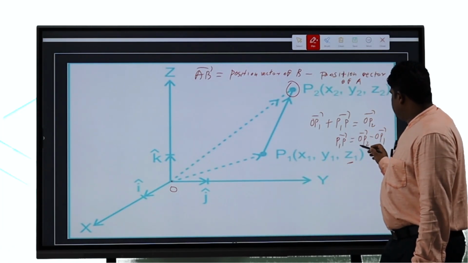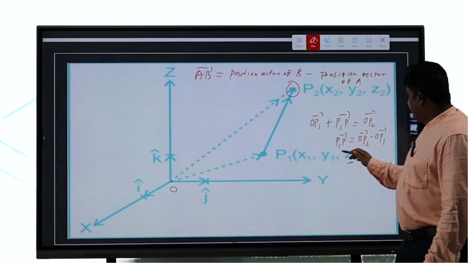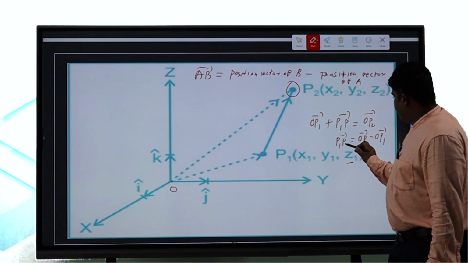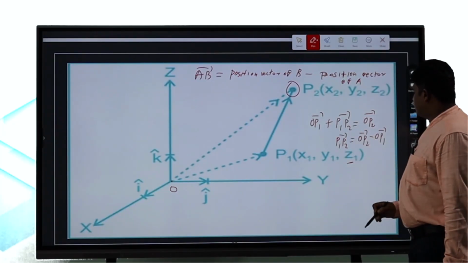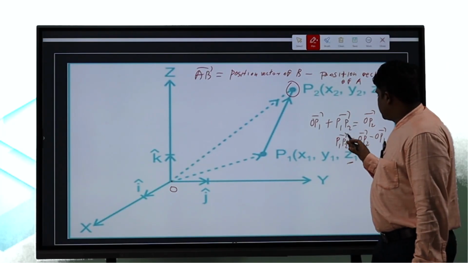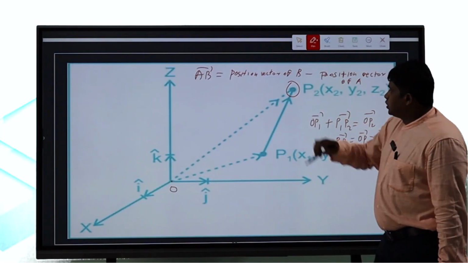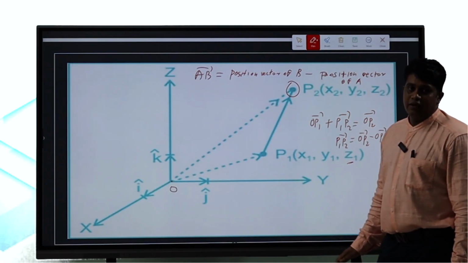And OP1 is the position vector of P1. So P1P2 is equal to the position vector of P2 minus the position vector of P1. Similarly, vector AB is the position vector of B minus the position vector of A.